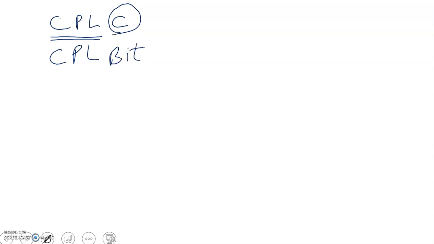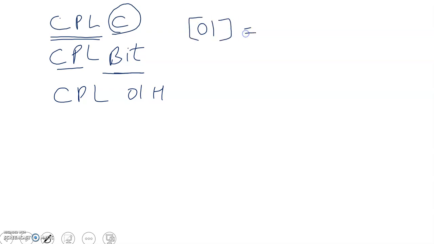Remember, there is no comma between the instruction and the bit. Like CPL 01H: say in 01H 1 was stored, so after this instruction the value of this address will become 0. So the complementary action will take place.